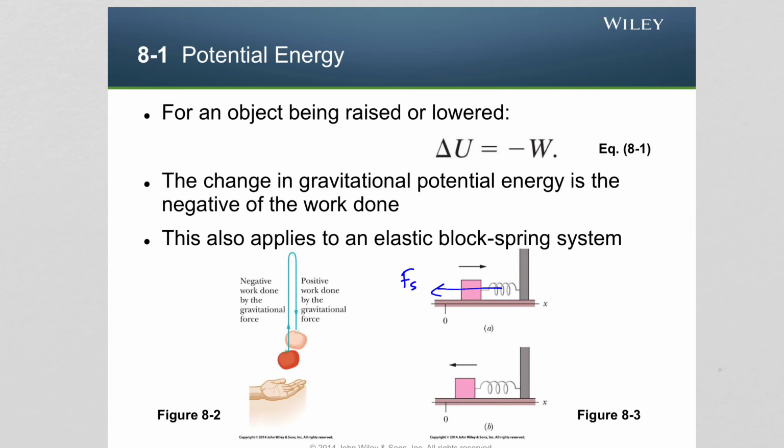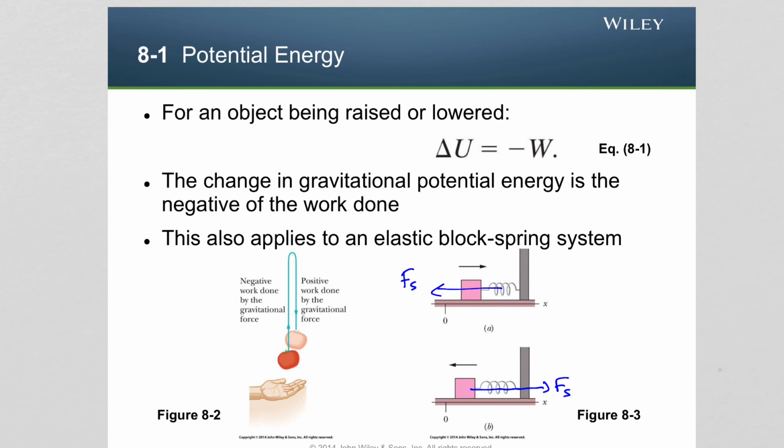The same thing happens for the other direction of motion of the block, to the left. As the block is moving to the left, the spring is starting to get stretched, and so a spring force appears directed to the right, which is going to do work on the block and slow it down. It will essentially transfer the kinetic energy of the block into the elastic potential energy of the spring.